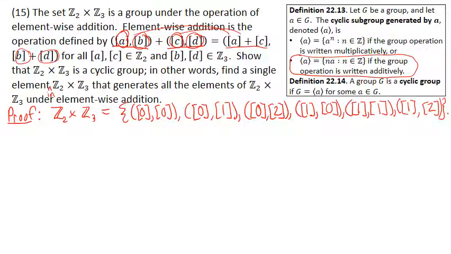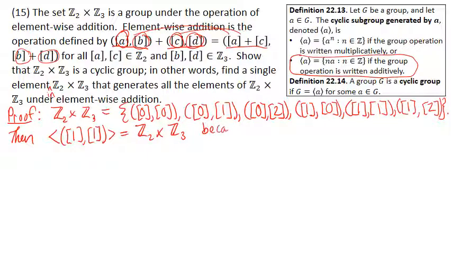The element that is going to generate all of these under addition is 1, 1. Let me show you that. My assertion is that 1, 1 will generate Z2 cross Z3.